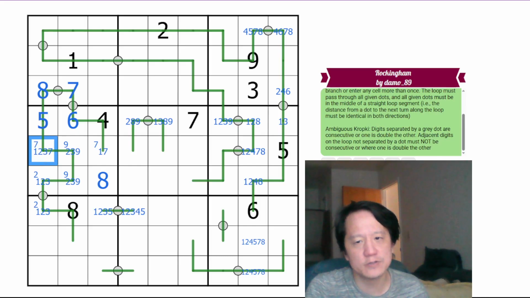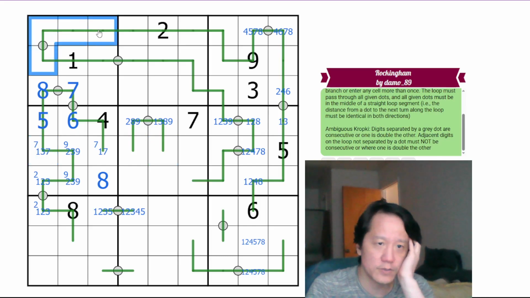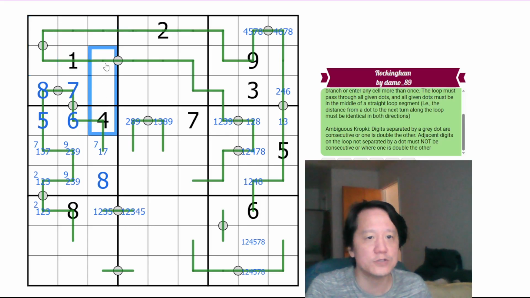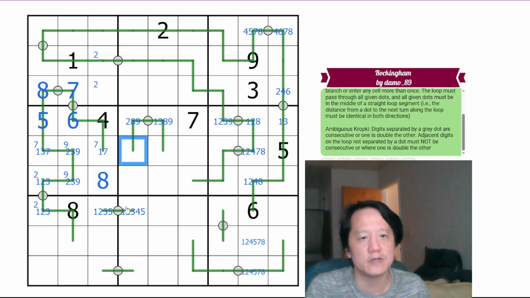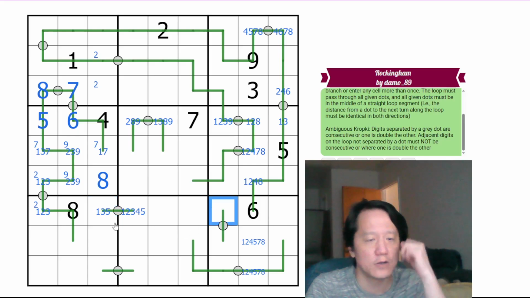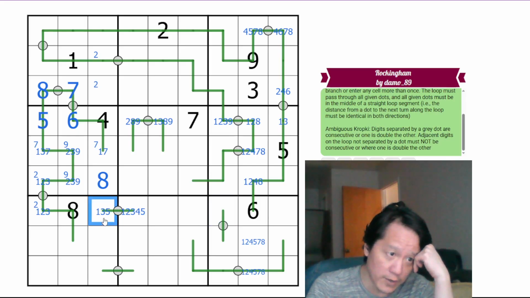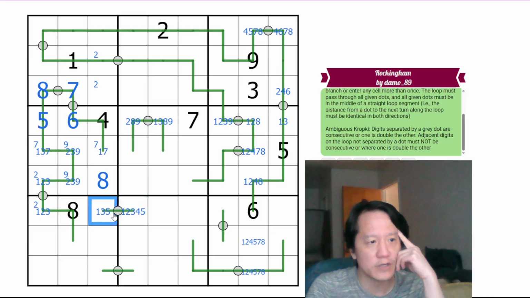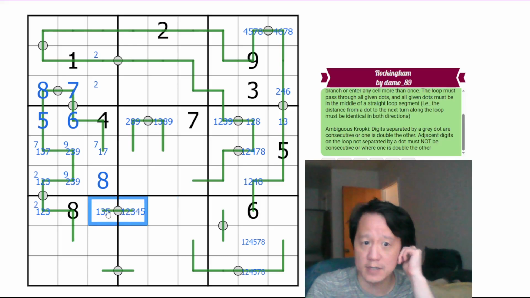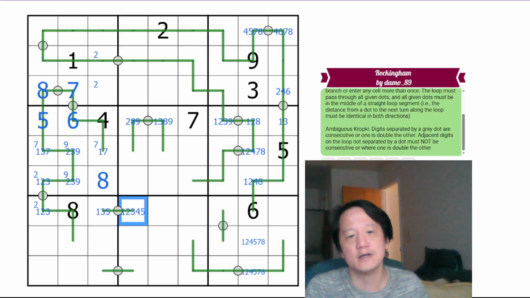This cannot be 2 then. 2 can't be here. 2 can't be here. Where is the 2 in box 1? It must be here, which eliminates 2 from being here. This is 1, 3, or 5, which must be with an even digit because 1, 3, and 5 are not consecutive with each other, and they are not in a 1 to 2 ratio with another odd digit.